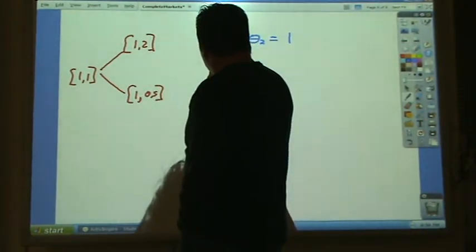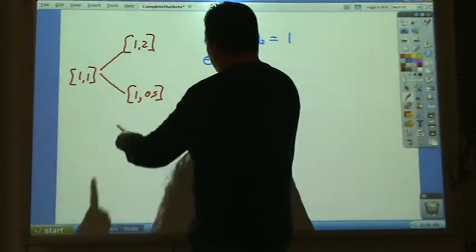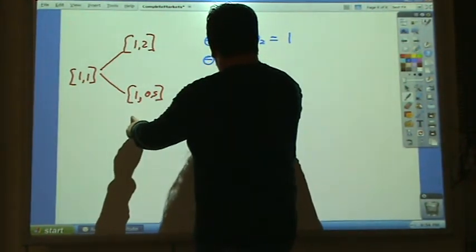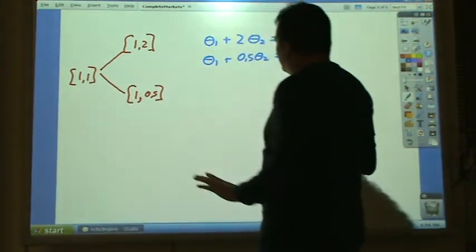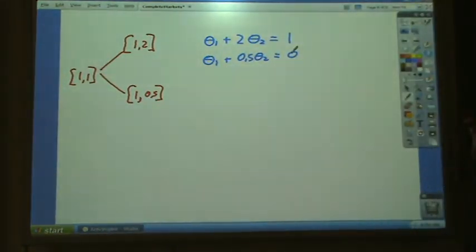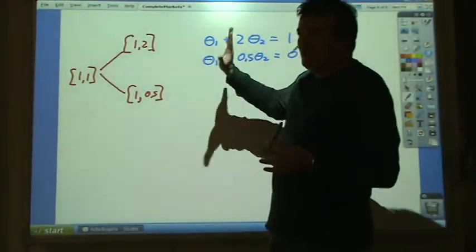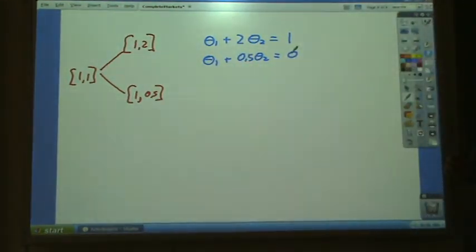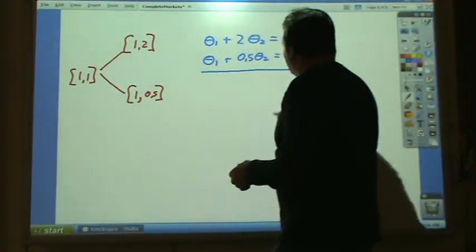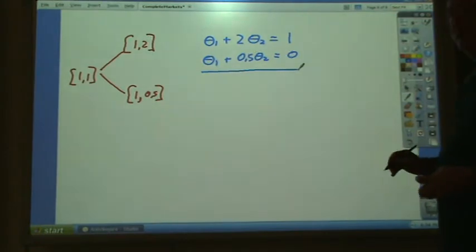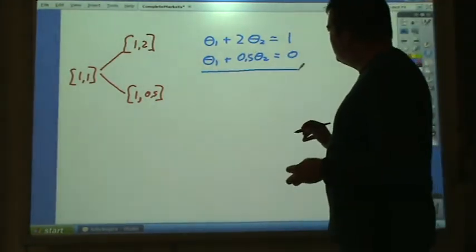So theta 1 plus a half of theta 2, we want to receive $0. And if we could come up with this, then we can buy as many of these units as we want. So we do some linear algebra. We want to figure out what theta 1 and theta 2 are.